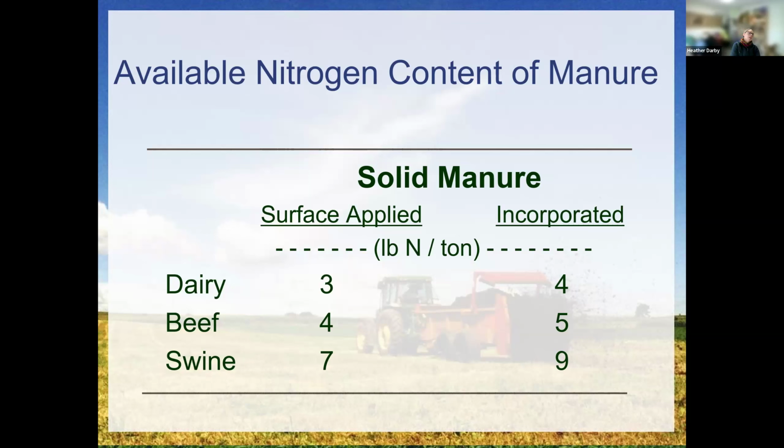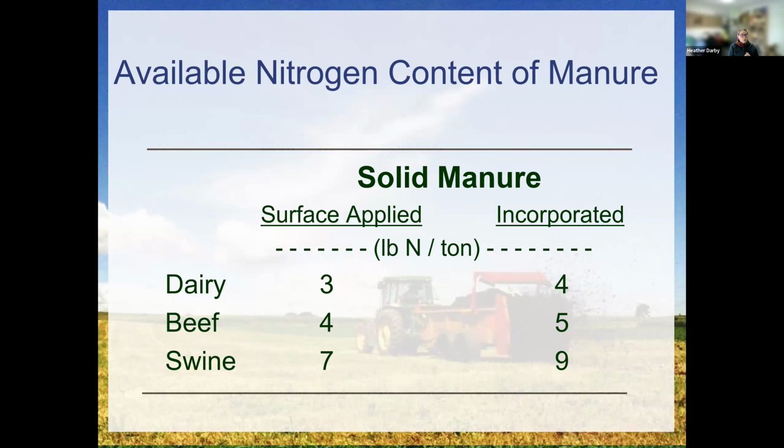So think about all the things we talked about. If you haven't fallen asleep yet, right? Nitrogen can be lost on the soil surface to volatilization. If you incorporate that manure into the ground, you're not going to lose nitrogen from the manure to volatilization, to the air, okay?